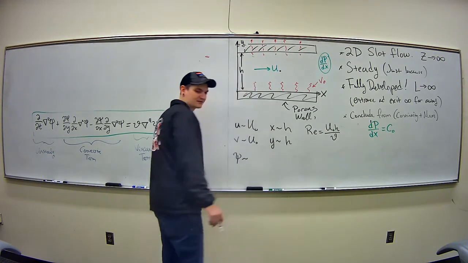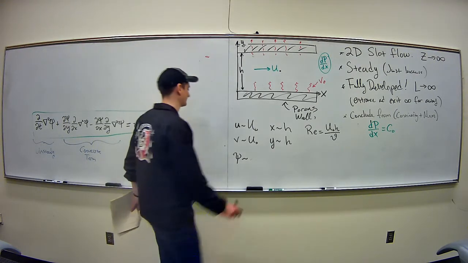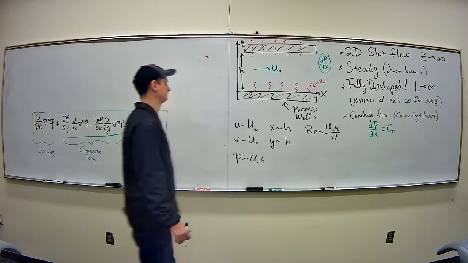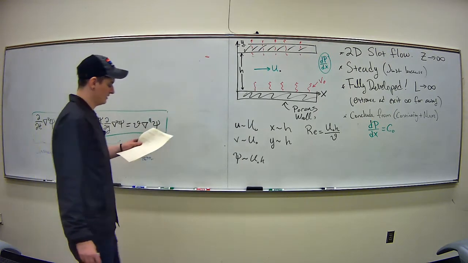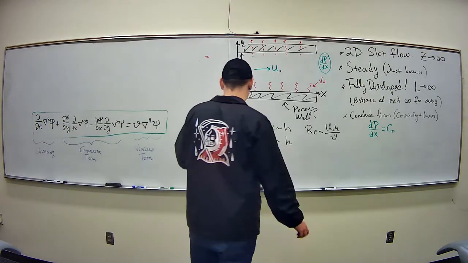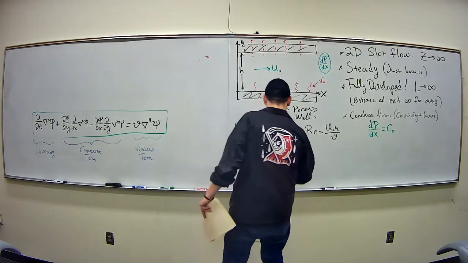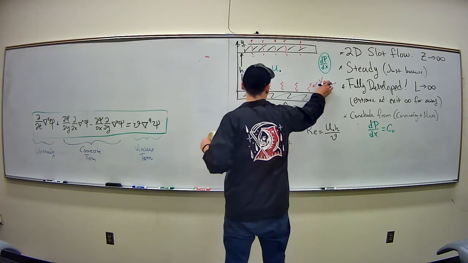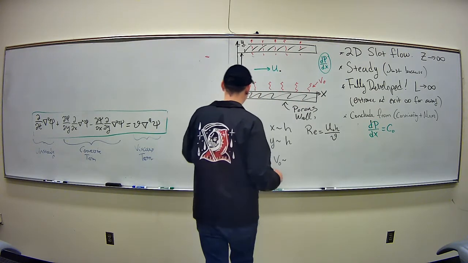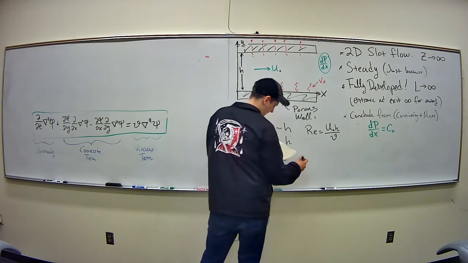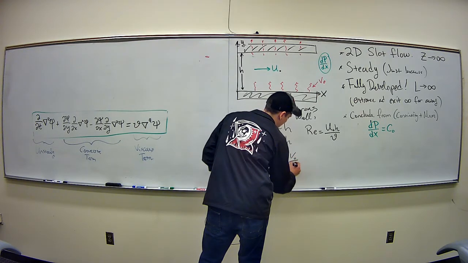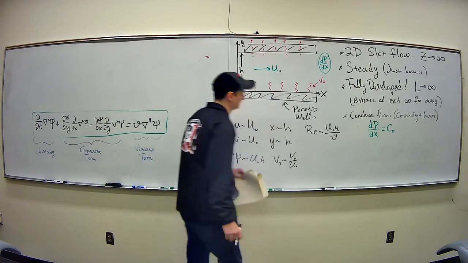The units were L squared divided by t, so that's the same thing as u naught times an h. Other things we have, a v naught. This is this dimensional velocity scale right here. I'll say this looks like that.